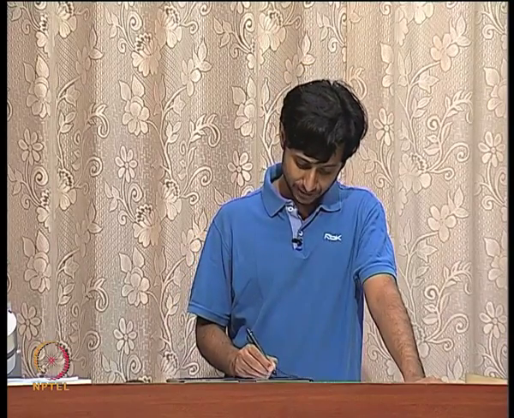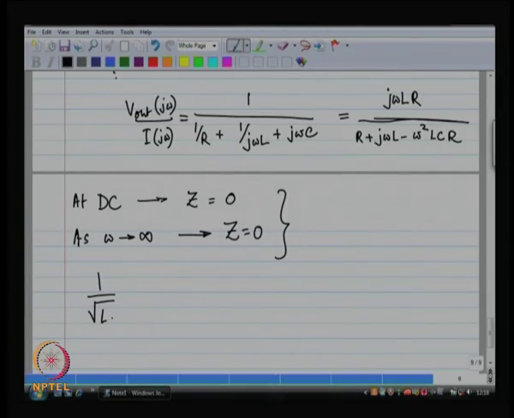And at the resonant frequency, which happens to be 1 by square root of L C, what happens at the resonant frequency?